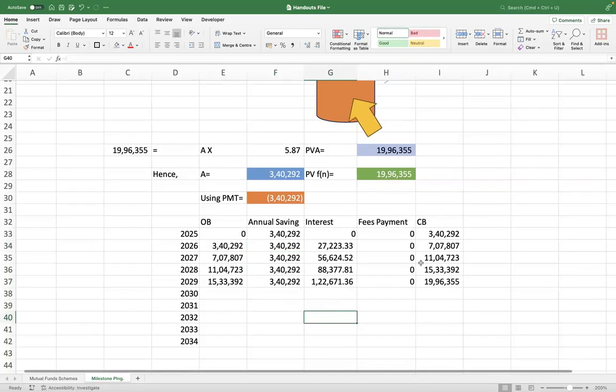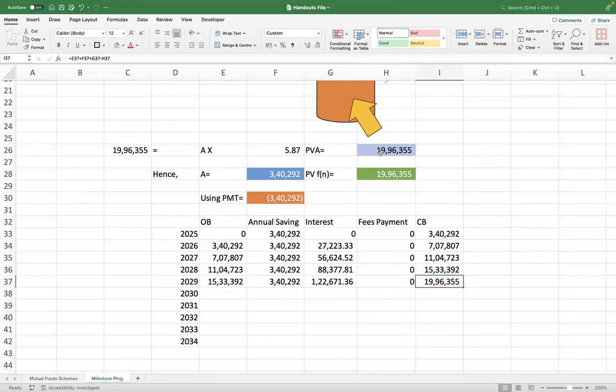Do I get the same value? 1996355 जो वैल्यू यहां पे आई थी, are you getting the same value here? Which means the calculation is correct.